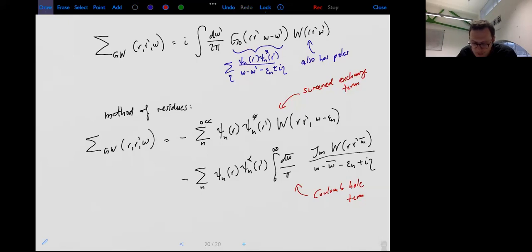There's an important difference here. In the screened exchange term, you only have a sum over the occupied bands, exactly as you would have in Hartree-Fock, while in the Coulomb hole term, there is no such restriction. And so, yes, you sum over both occupied and unoccupied terms. In addition, you have to deal with this frequency integration.